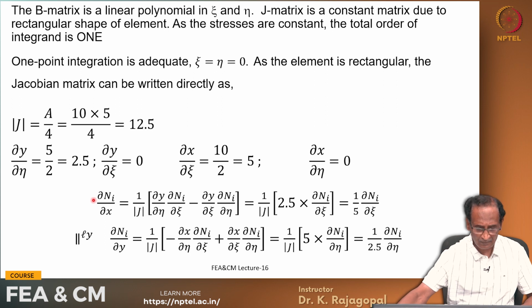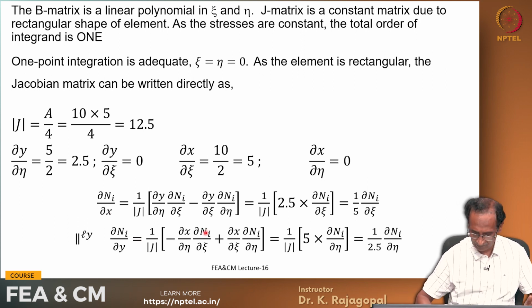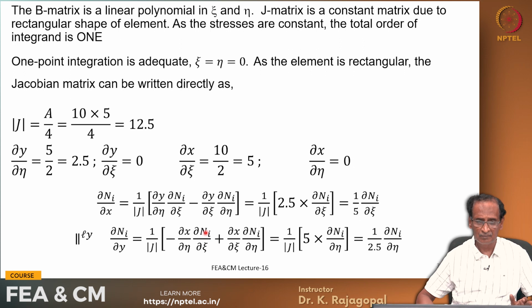and we can calculate dou N by dou x and dou N by dou y through our equations that we derived earlier. And if you assume constant stress state, we can just simply use a one-point integration, because our B matrix is a linear polynomial.